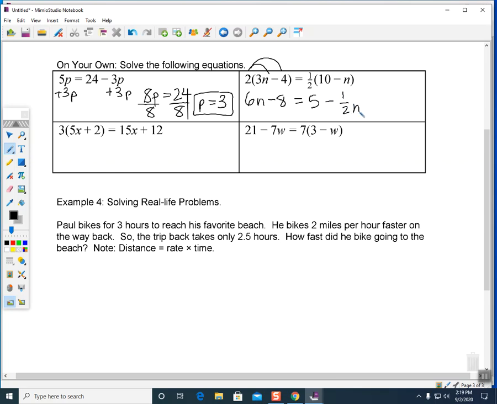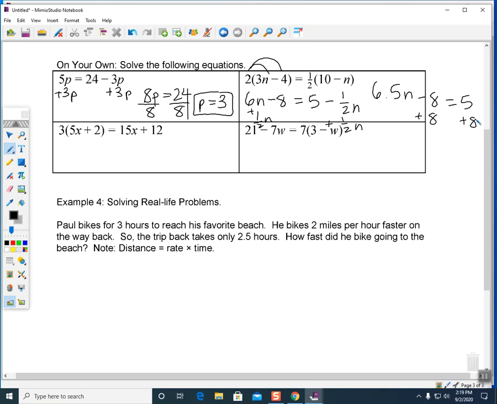So then if I want to combine these, I'm going to add 1/2 n to both sides. I'm left with 6.5n minus 8 equals 5. I'll add 8 to both sides.